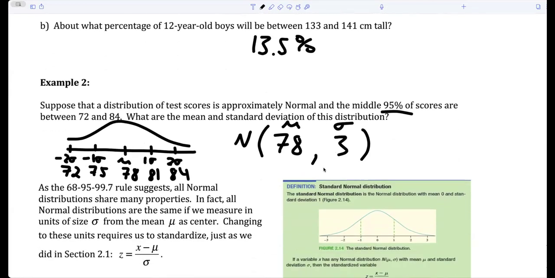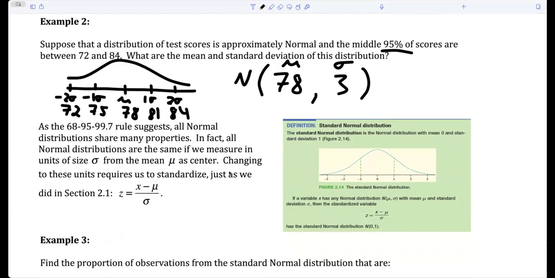So, we have what is called the standard normal distribution. The standard normal distribution has a mean of 0 and a standard deviation of 1.